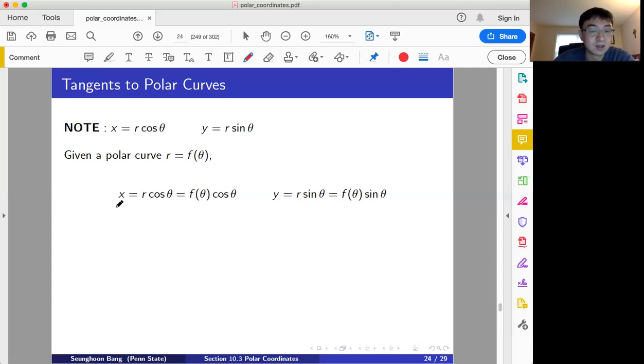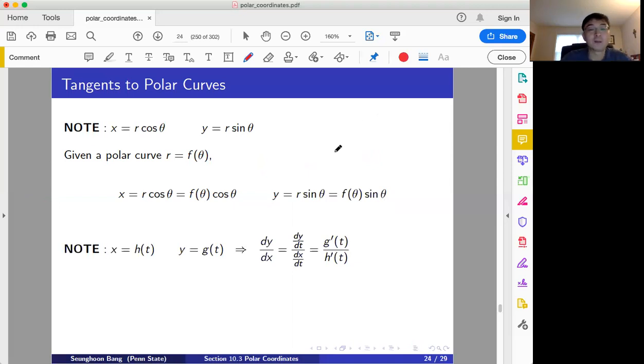So what does it mean? This is a parametric equation. We have x as a function of theta, y as a function of theta. We call these parametric equations. How can you find the slope of the tangent line of parametric equations? We can use section 10.2. x equals h of t, y equals g of t.